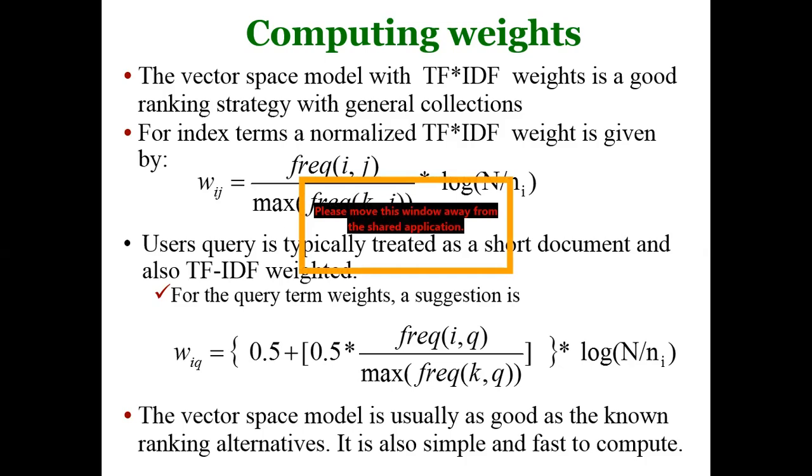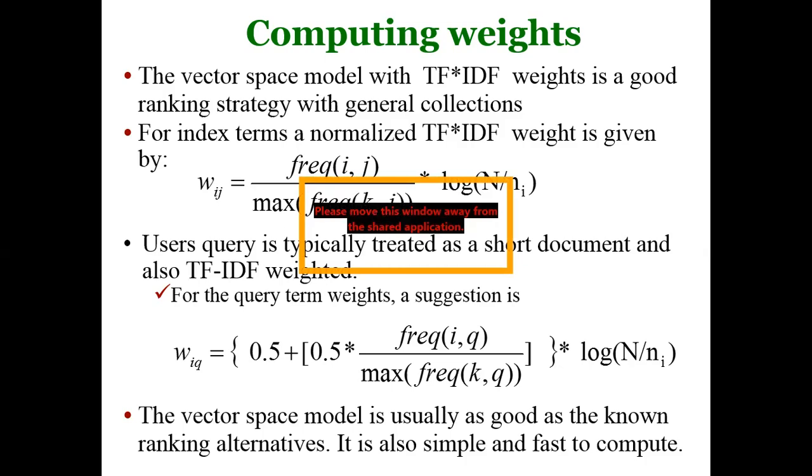Why are we using inverse document frequency? Because if the document frequency of a term is very high, that term is irrelevant. But when we consider term frequency, as the term gets a high term frequency, that term is relevant.